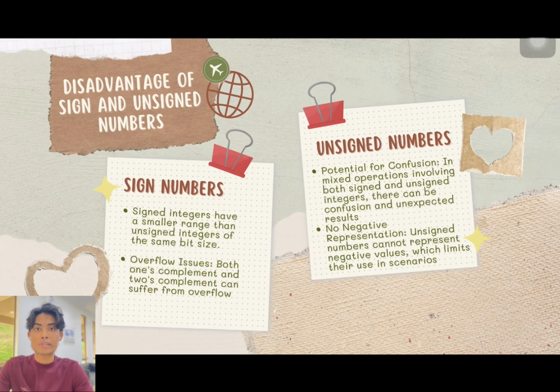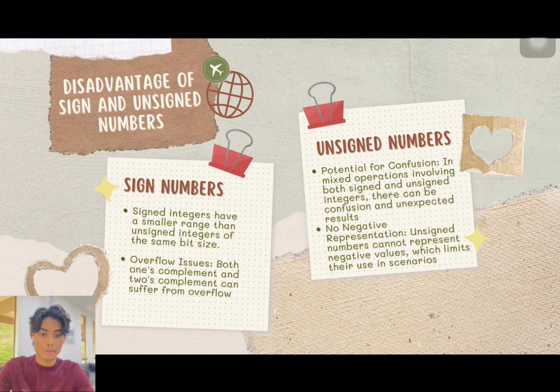However, there are also disadvantages of signed and unsigned numbers. For signed numbers, they seem to have a smaller range than unsigned numbers. And signed numbers always have overflow issues, and both ones and twos complements can suffer from overflow.